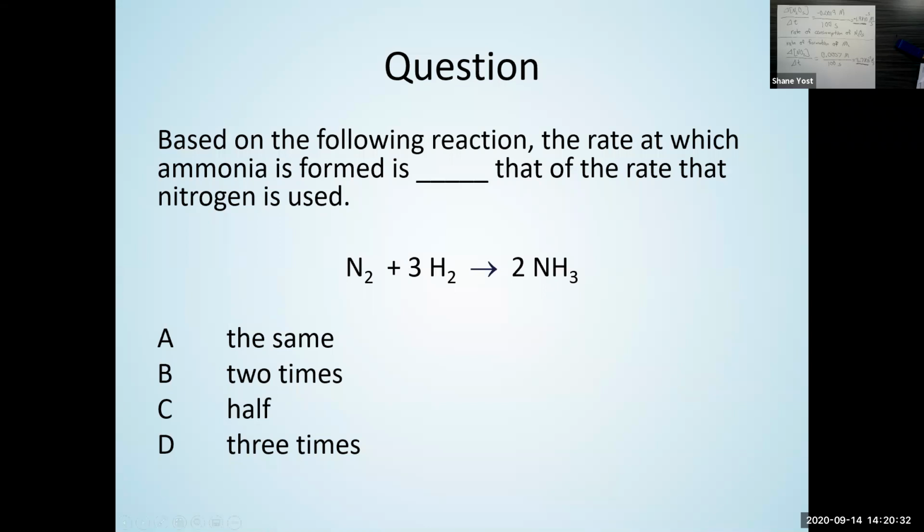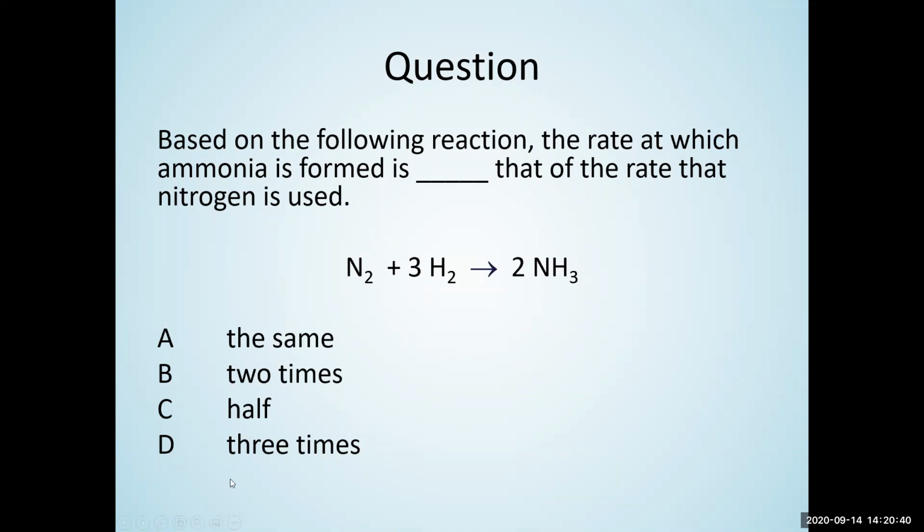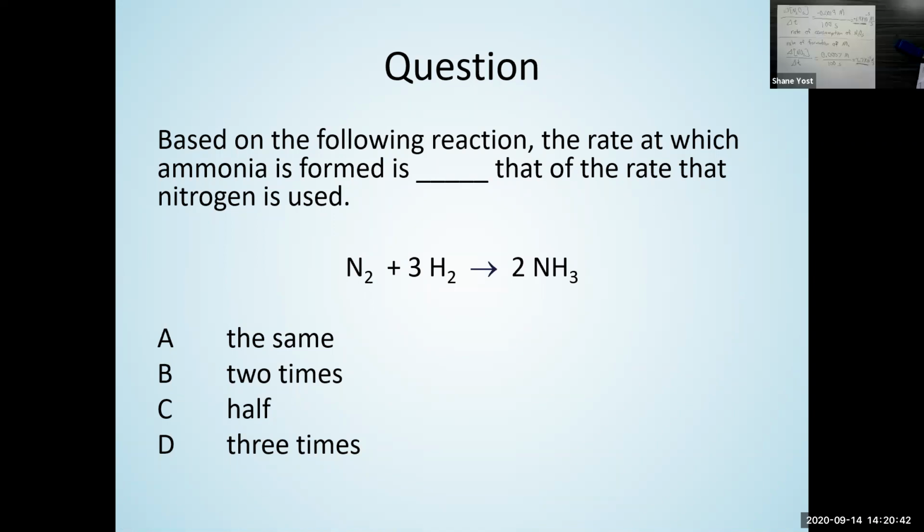What do people think? I heard 2 times, right? B here, so it is going to be 2 times that. Because the relationship between these rates is given by the balanced stoichiometric coefficients.